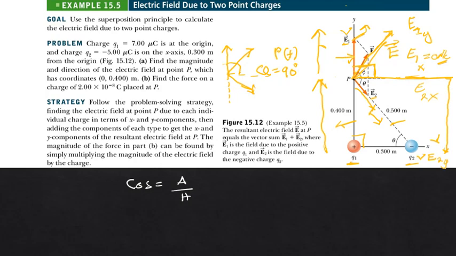So cosine is going to equal, our adjacent is here, our hypotenuse remains this guy here, remains 0.5.